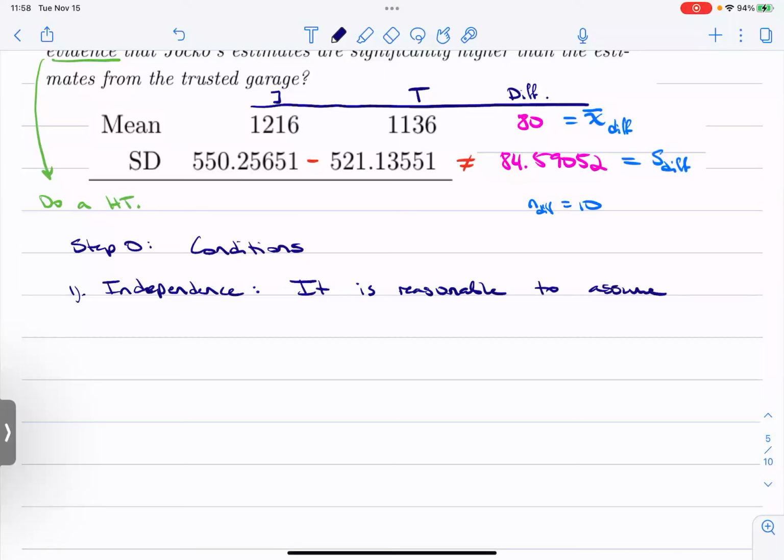It's reasonable to assume the damage on each of the cars is independent of the other cars, right? I'm saying that's a reasonable assumption to make. If you disagree, then fine, but that's an assumption that I'm making and I'm going for it.